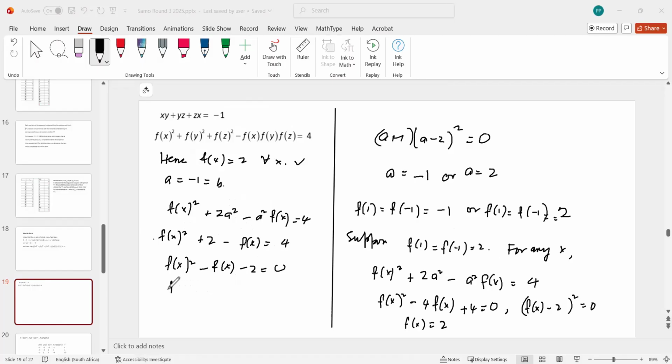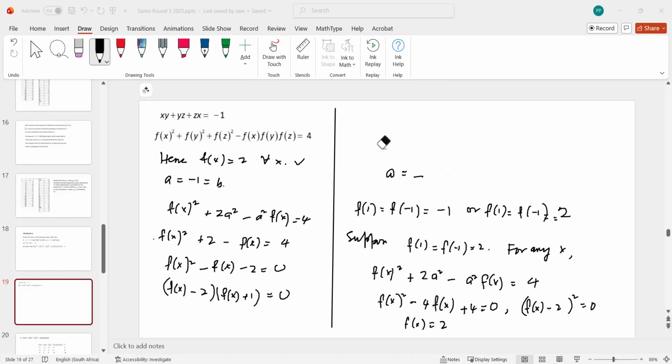And this time, this quadratic equation factorizes like this. f of x is either equal to 2 or f of x equals negative 1. All right, so now at this point, how do we interpret this?